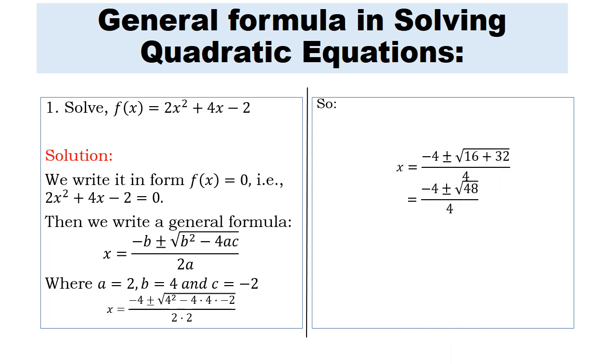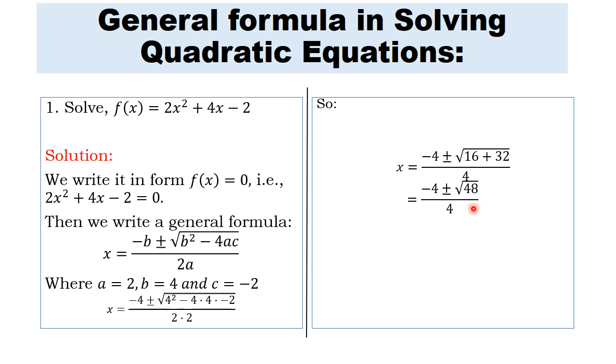Our next step is, you can see here, 16 plus 32 is equal to 48. So we want to simplify 48 in a way that 48 is the same as 16 times 3.